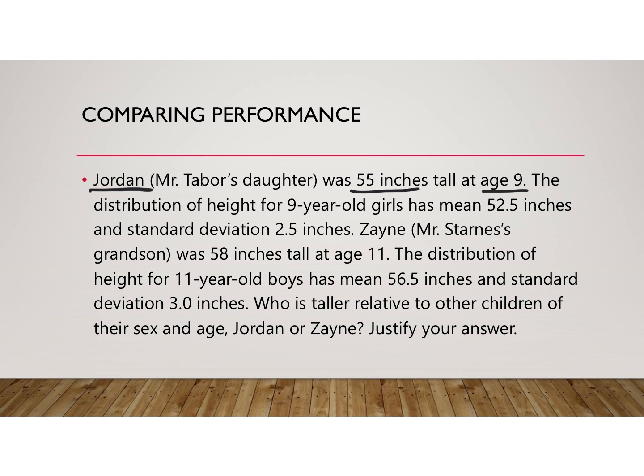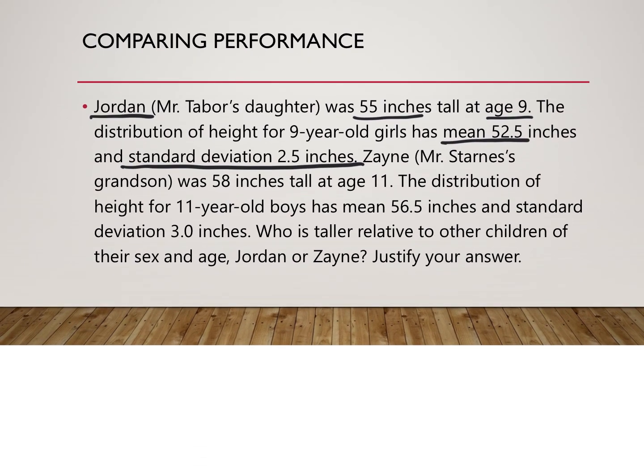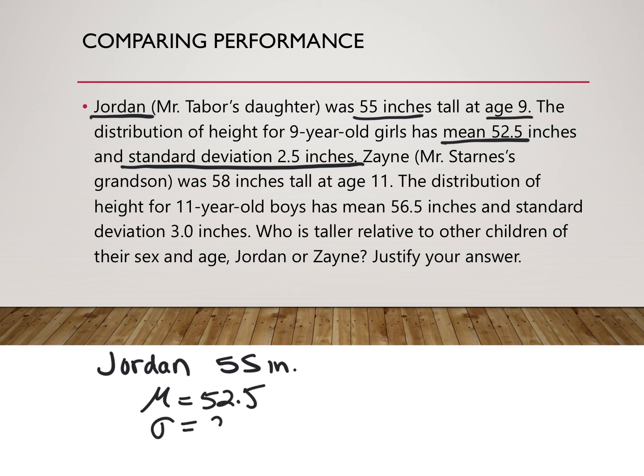The distribution of height for 9-year-old girls has a mean, so we want to write down this mean of 52.5 inches and a standard deviation of 2.5 inches. Okay, so Jordan is 55 inches. Don't write the paragraph, write the important information. The mean is 52.5 and the standard deviation for her age is 2.5.